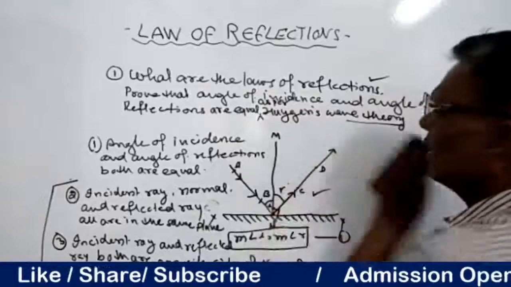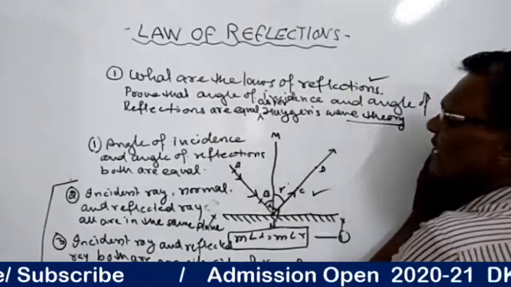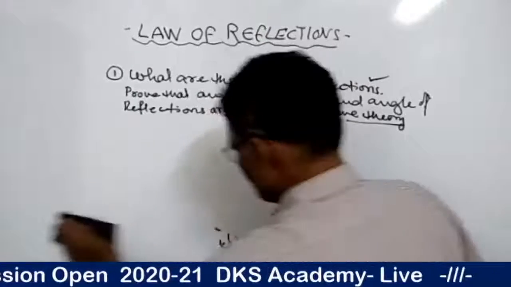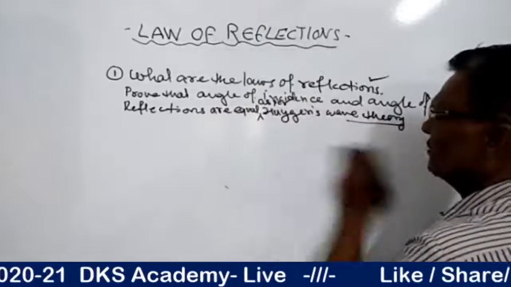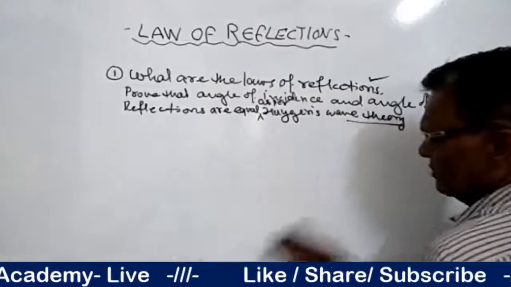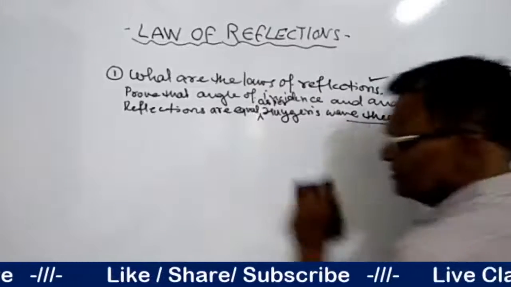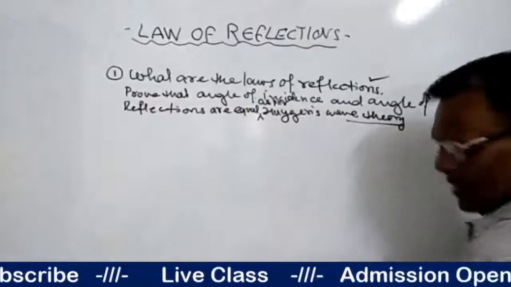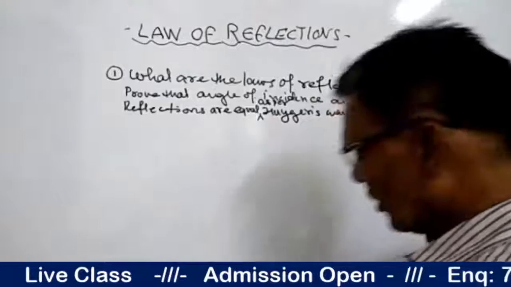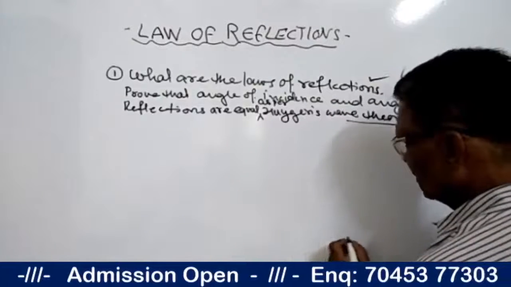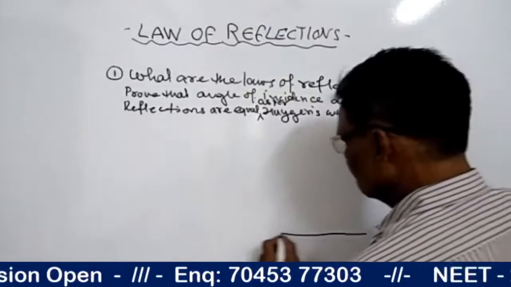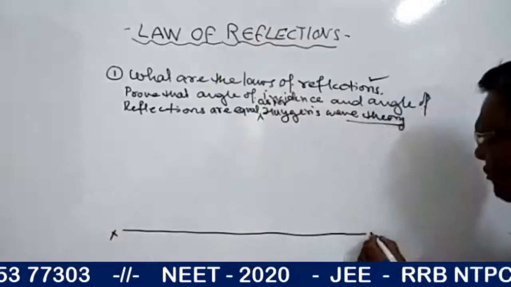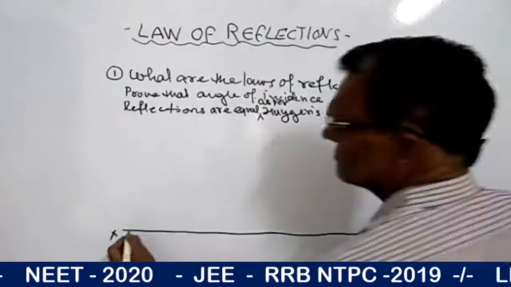So all these three are laws of reflection, and now we have to use Huygens theory to prove these laws of reflection, that is measure of angle I equal to measure of angle R, that is incidence and reflected angles are equal. So let us draw a new diagram for this. This is your XY plane.